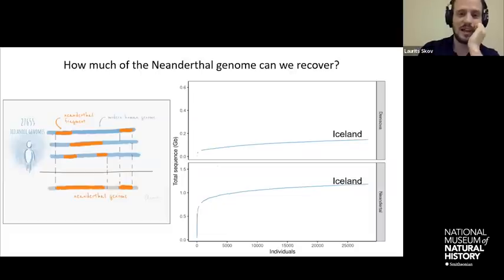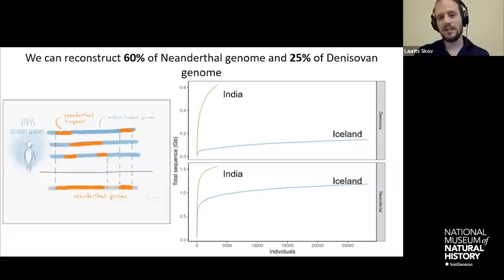But if you go to the next slide, you can see that if we do the same thing in India, which is a project I'm currently working on, with much fewer people, we can assemble much more of the Neanderthal and the Denisovan genome. There's something like only 10% of the data, 10 times less data in India than in Iceland in this particular study. But there's much more Neanderthal and Denisovan diversity because there's much more genetic diversity in India compared to Iceland.